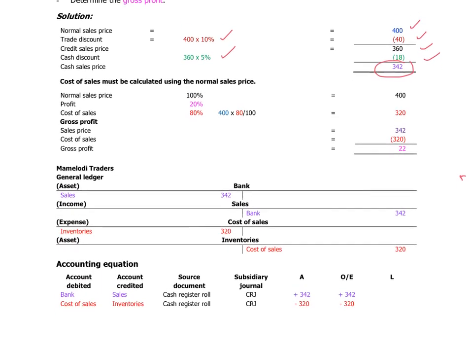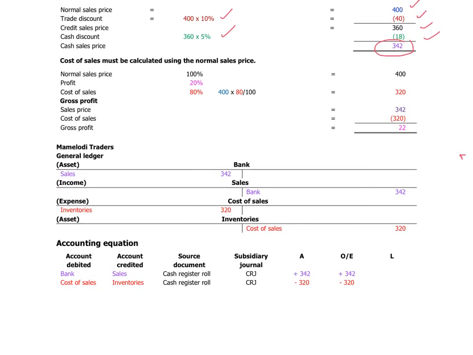So we will have to record an entry for the 342. Because the goods were sold for cash, the money is deposited in the bank and the bank is debited with 342 because assets increase on the debit side. So in the accounting equation, we will also show that the bank was debited and that assets increased with 342.